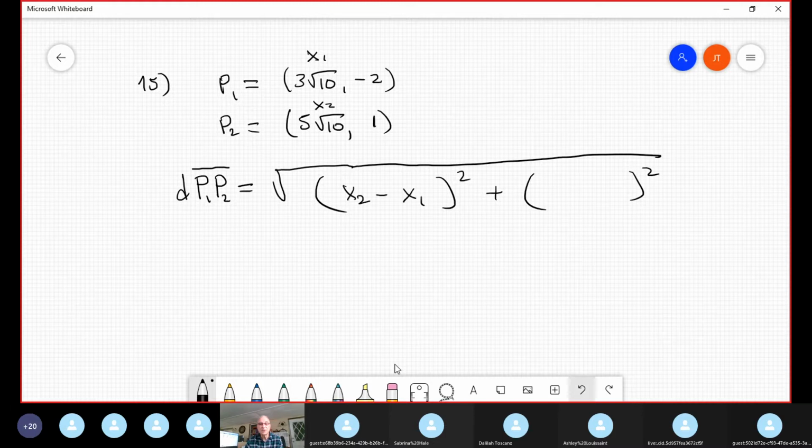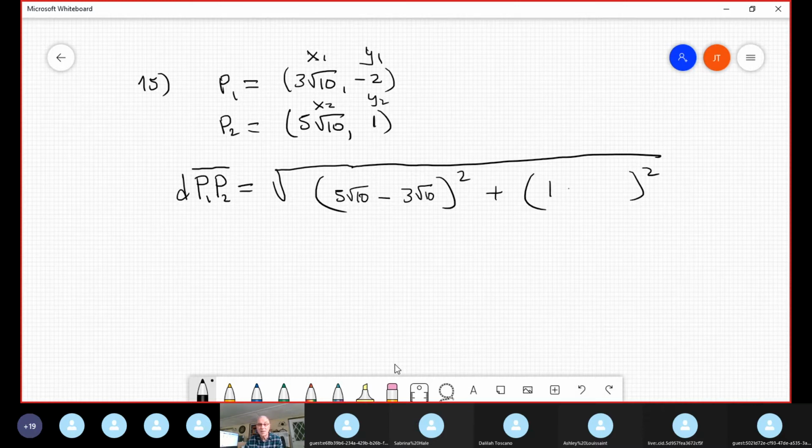In our specific example, x2 is 5 radical 10 minus 3 radical 10. And the same with y1 and y2. Here we have y2 minus y1 or y1 minus y2. It doesn't matter. The order is not important because when you subtract, the only thing that changes is the sign, but when you square, it becomes positive.